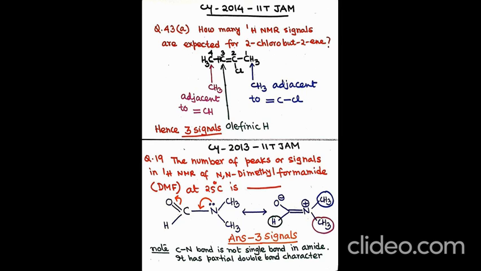Here that hydrogen will give one signal, and coming to the 2 CH3s, these 2 CH3s have different environments because one CH3 is adjacent to the O minus and another CH3 is adjacent to the hydrogen. Therefore, these two methyl groups are in no way the same. So these two CH3 signals will come along with the CH signal. So in total at room temperature, 25 degrees centigrade, N,N-dimethyl formamide will give rise to 3 signals. That is because of the carbon nitrogen restricted rotation.